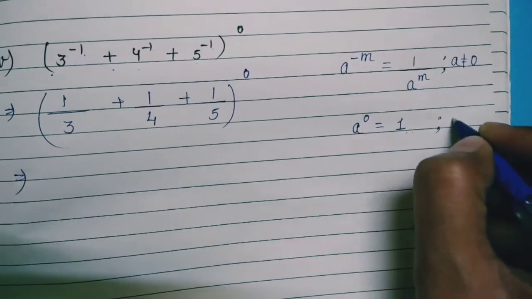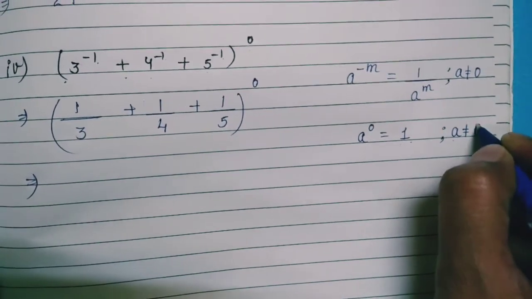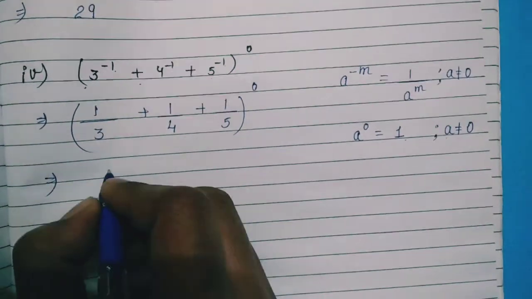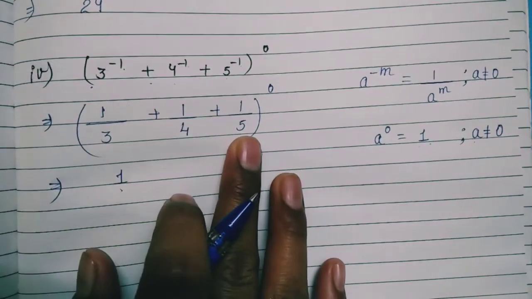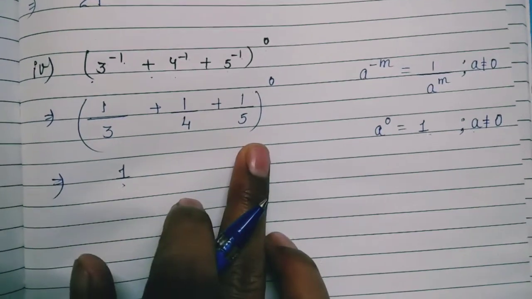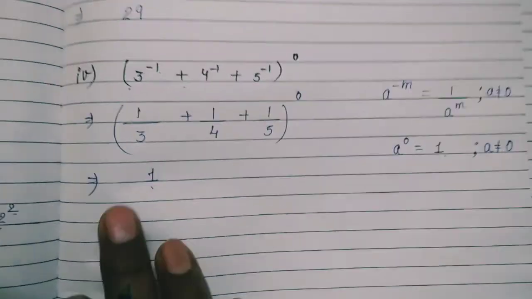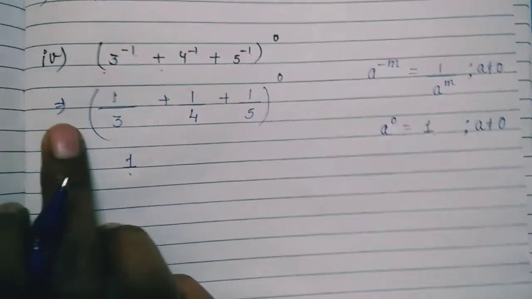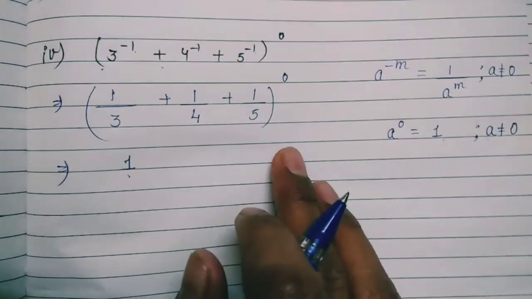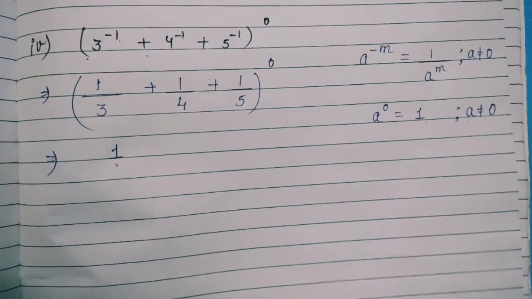Only one condition is given, that a is never equal to 0. Here we can write directly 1 because we see all values are positive. If any value is negative, then we will solve them. Is there any 0 condition for the base? But all are positive, so nothing will be 0 in the case of base.